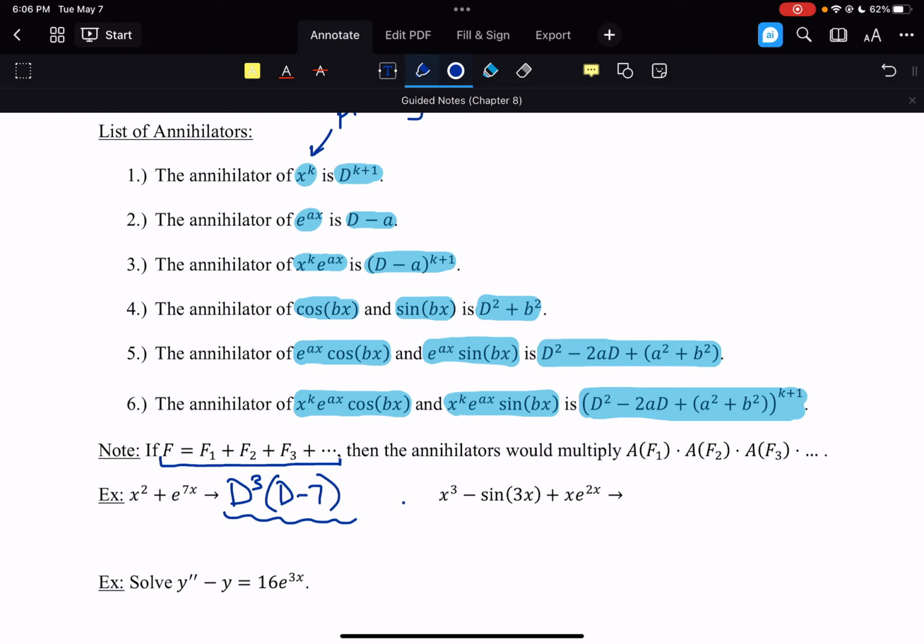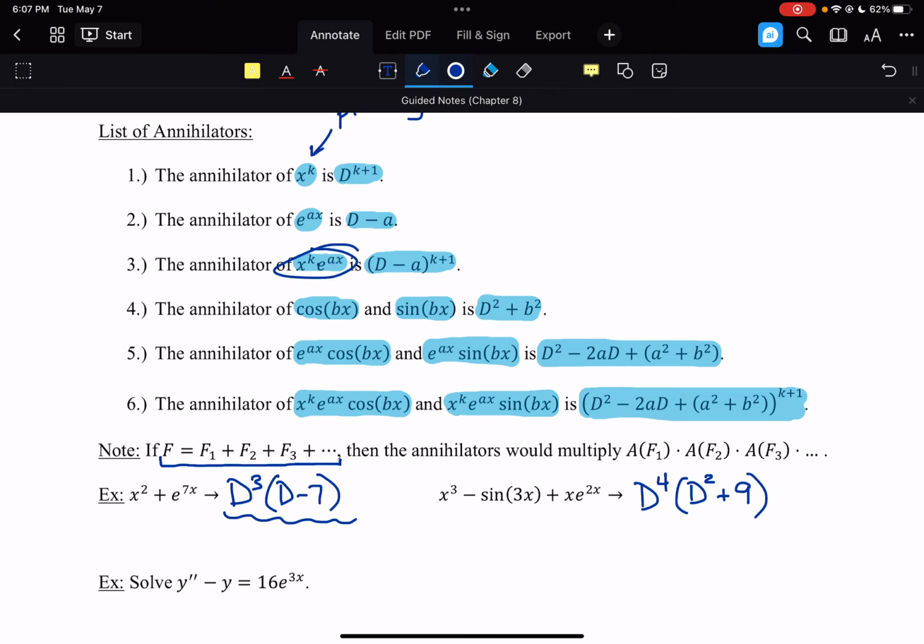For a function like this one, we've got x cubed minus sine of 3x plus x e to the 2x. So we'll go one term at a time here. For x cubed, it'll be D to the 4th, times, for the negative sine of 3x, sine of bx is D squared plus b squared, and that's 3, so 9. And for x e to the 2x, that's this form right here.